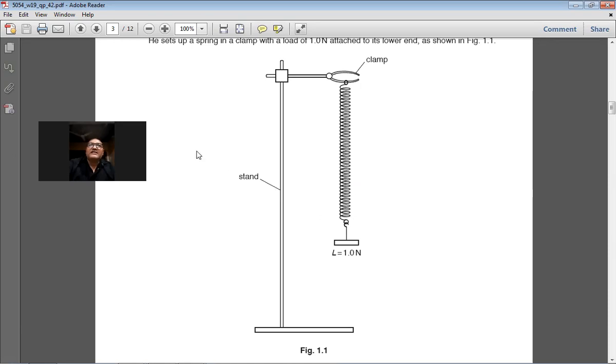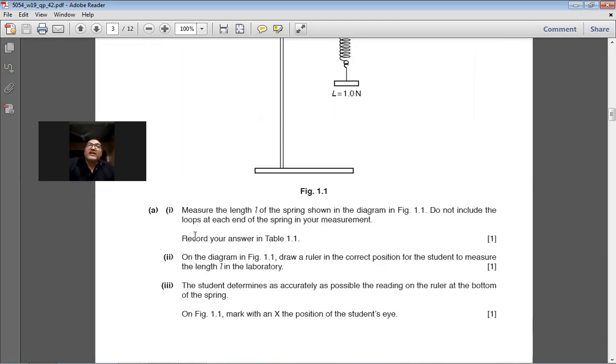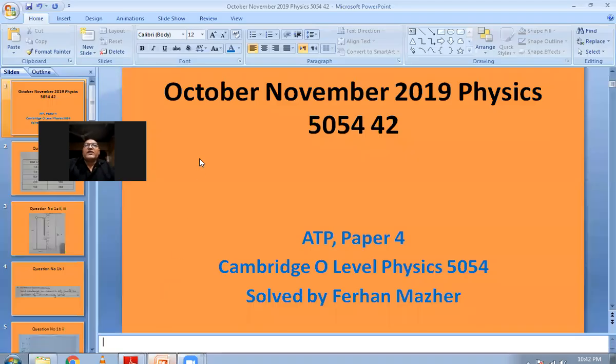You will put a scale on this figure and measure it from your diagram. If you have the hard copy with you, whatever answer you get, just note it down in table 1.1. So let me show you.